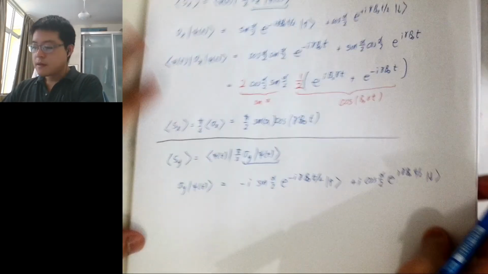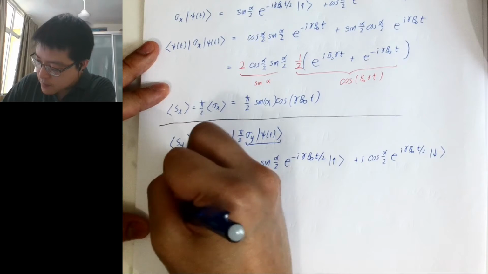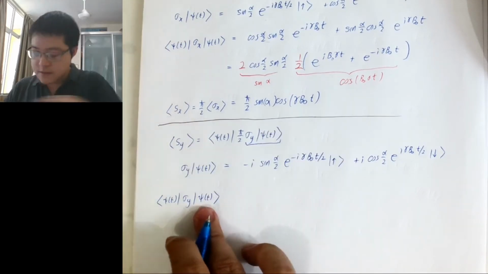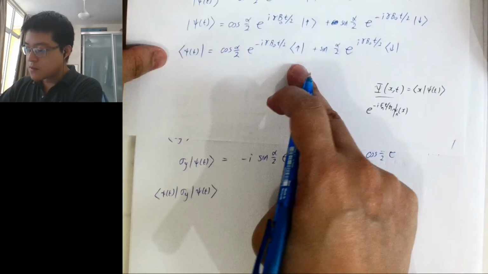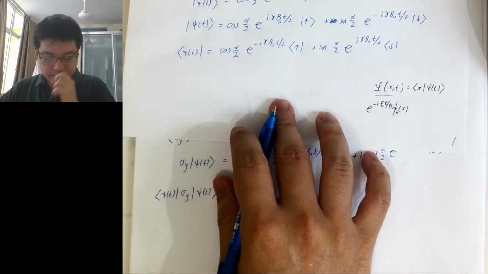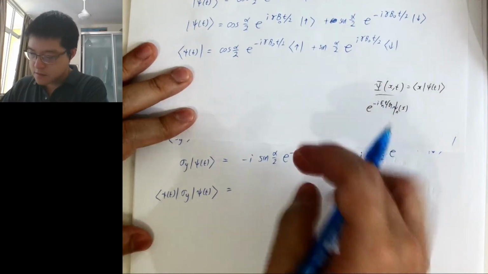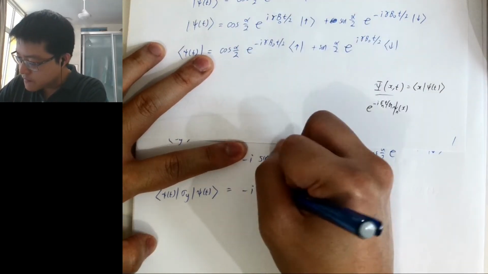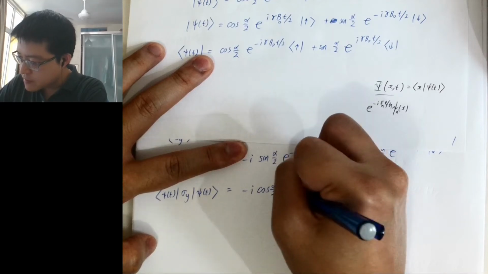And then you close this with the bra. So my bra is over here. Up and up gives me a minus i cos alpha over 2 sine alpha over 2.